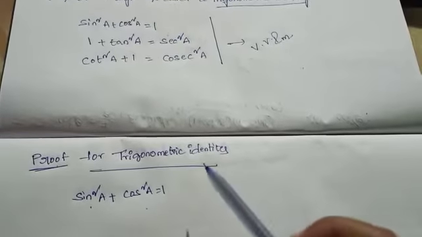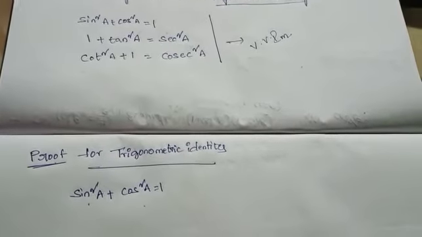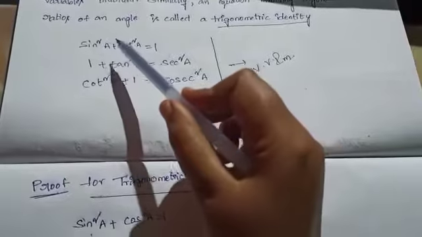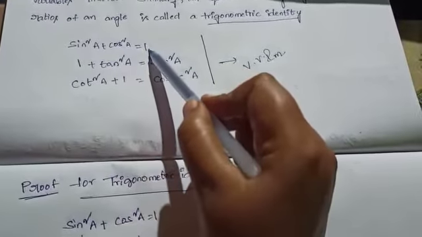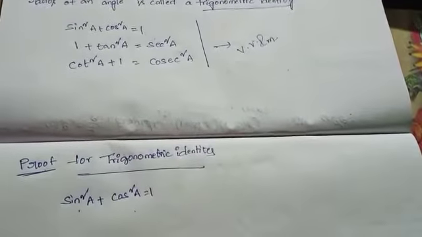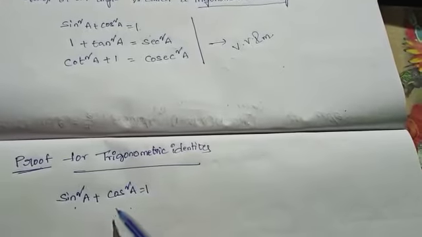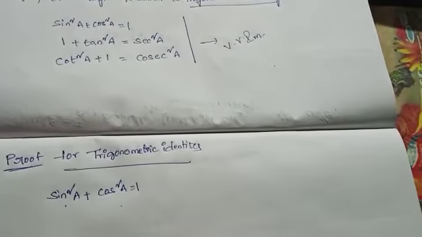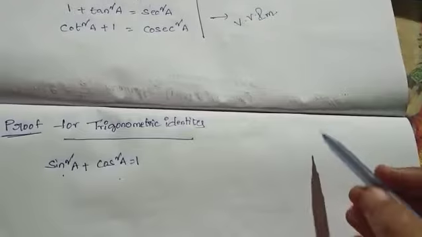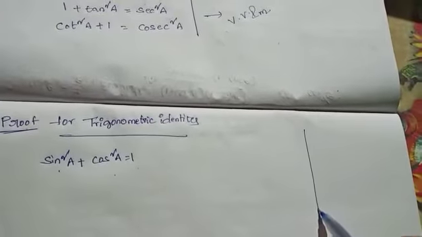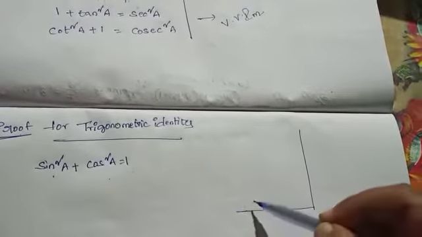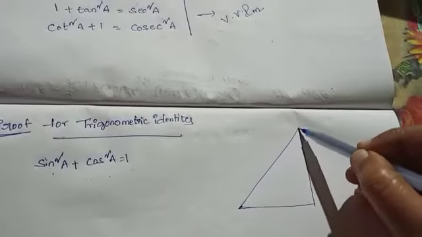Proof for trigonometric identities. First identity: sin square A plus cos square A equal to 1. We have to prove sin square A plus cos square A equal to 1. Let's draw a right angle triangle.